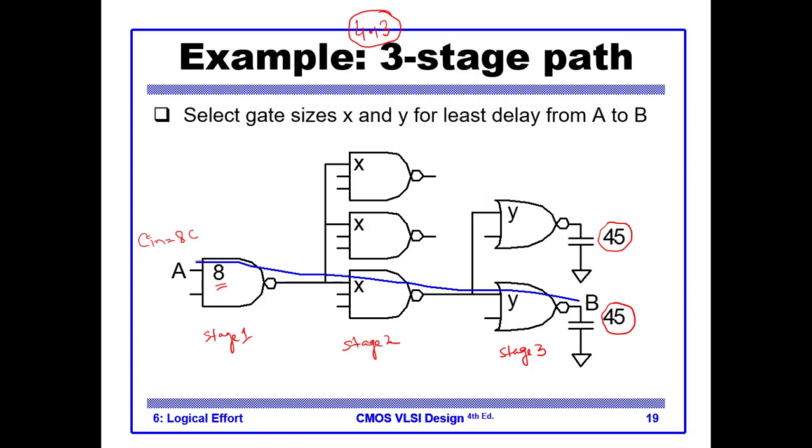The question is to select the gate sizes X and Y. X is the size of the NAND gate and Y is the size of the NOR gate for least delay from A to B. This is A, this is B, and the path is highlighted in blue. So we have to determine, for least delay, the size of gate X and gate Y.